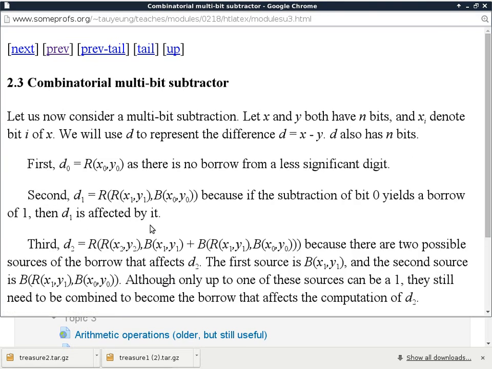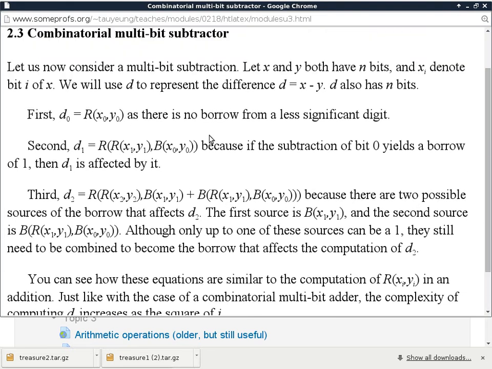So we basically went over this part already. Combinatorial multi-bit subtractor: basically it's the same thing as with an adder, with the construct of a full subtractor. If you're just stacking up full subtractors, then you have a propagation delay that is proportional to the width of the integer that you're dealing with, which is not acceptable for fast processors like the Intel processors.